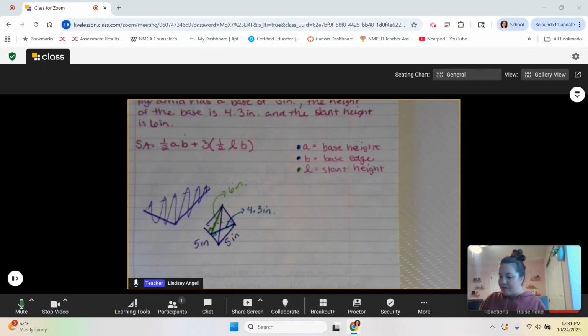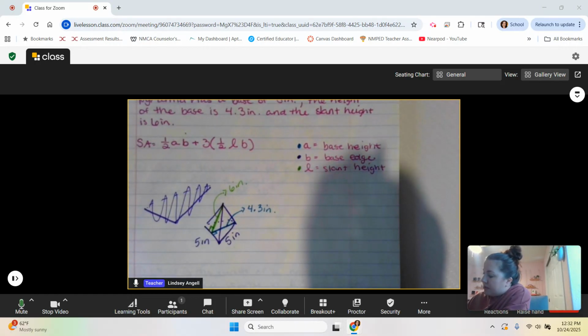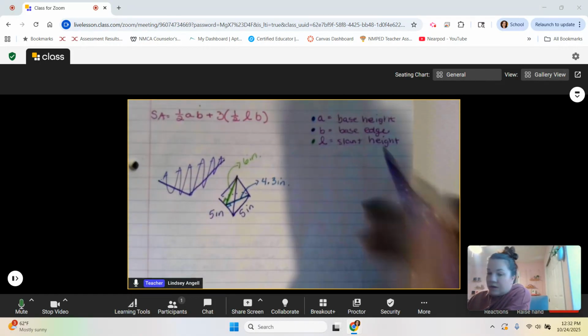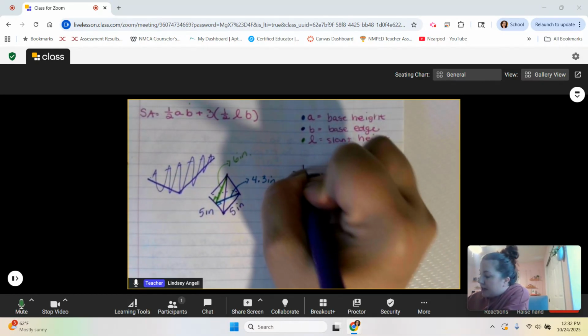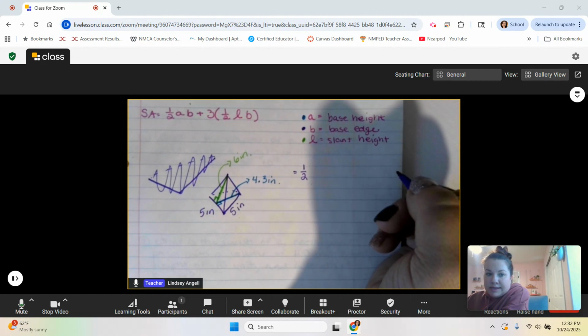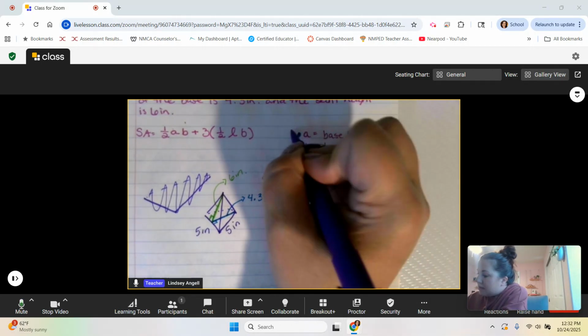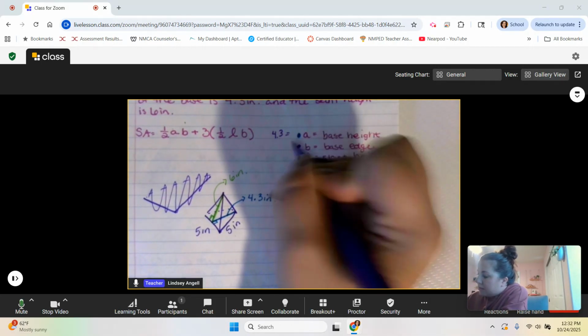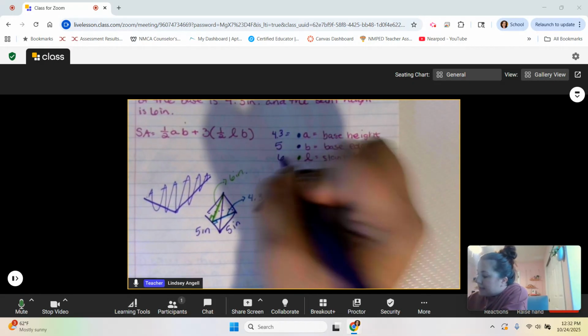And then we have this formula that we're going to be using, okay? So let me see, hopefully I'll have enough room to do it right here. We have 1/2 times A times B, right? And it might help me right here to say, okay, my base height was 4.3, my base edge is 5, and my slant height is 6.